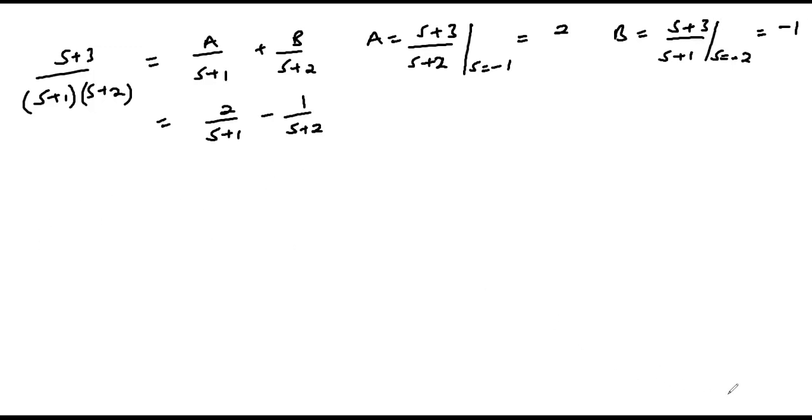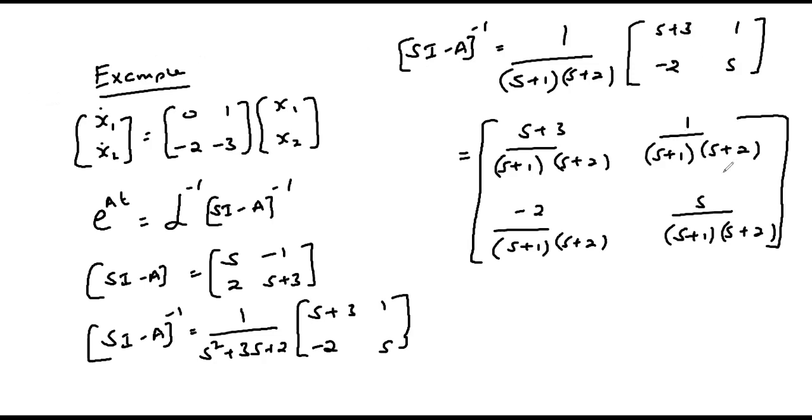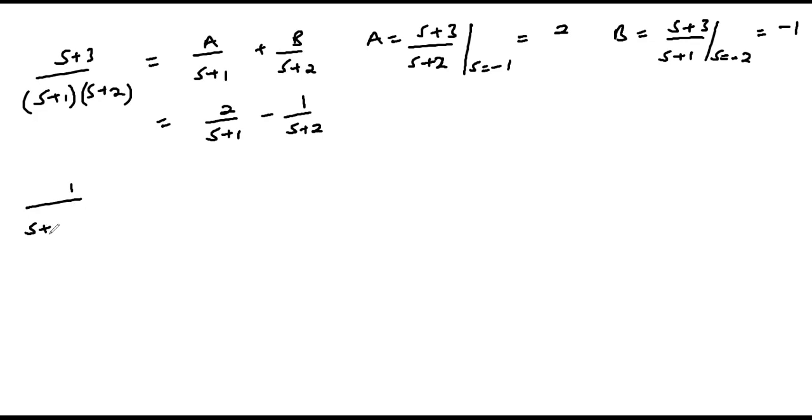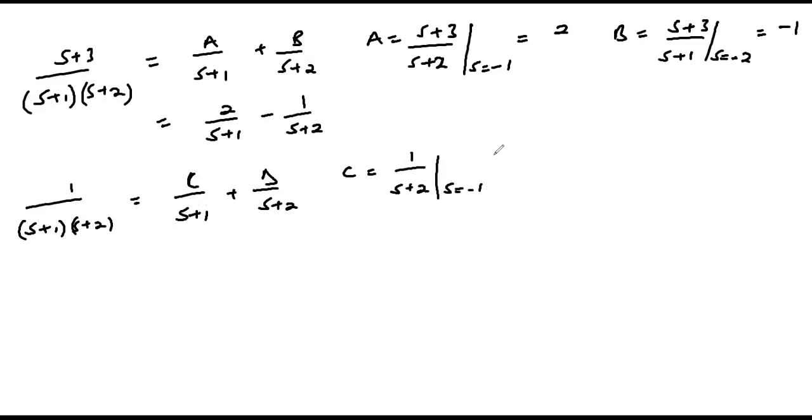Next, we have 1 over (s plus 1)(s plus 2), which can be written in partial parts as C over (s plus 1) plus D over (s plus 2), where C is 1 over (s plus 2) when s is negative 1, which evaluates to 1.